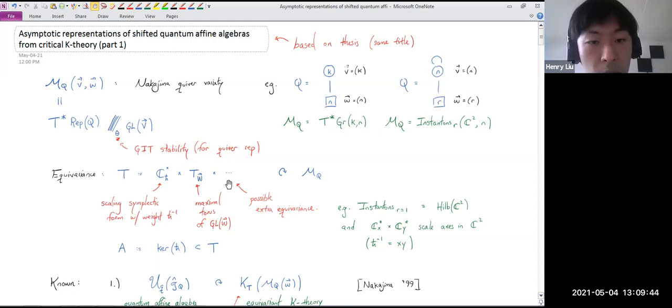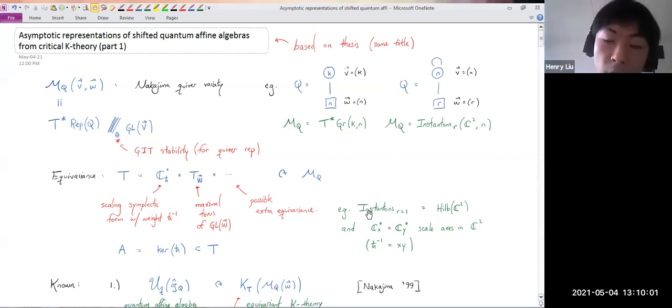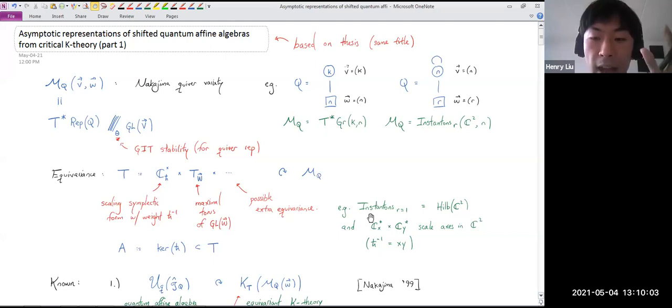And for a lot of these Nakajima quiver varieties, you have extra equivariance, which is not included in these two things which I just named. So for example, like I said, if you take rank 1 instantons, if you take the Hilbert scheme of C2, you have this freedom to scale the axes of C2 by a two-dimensional torus whose weights I'll call X and Y.